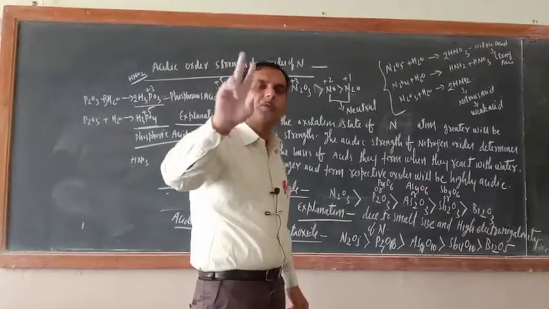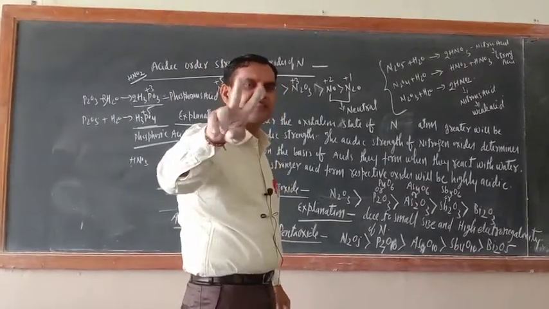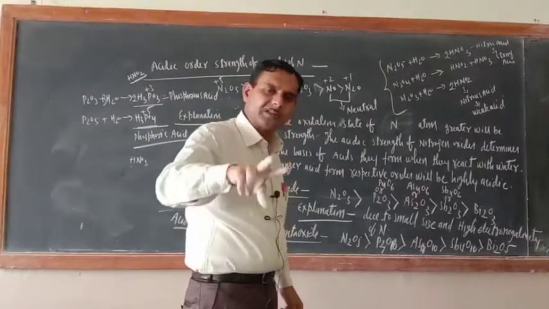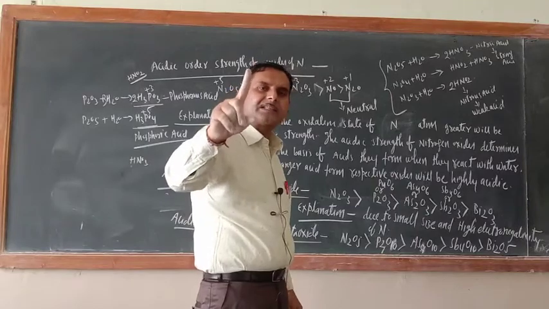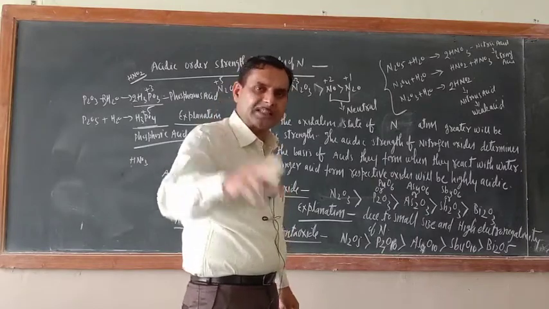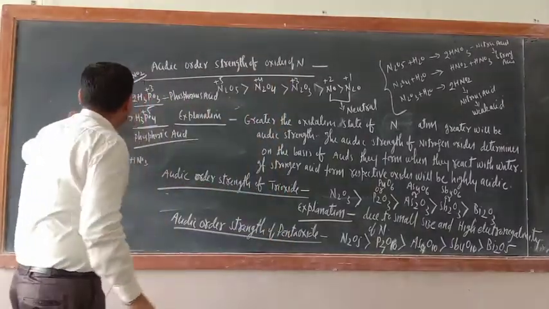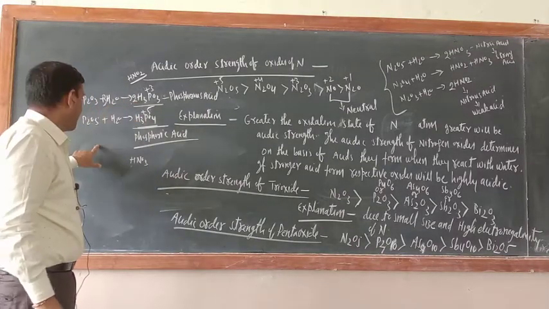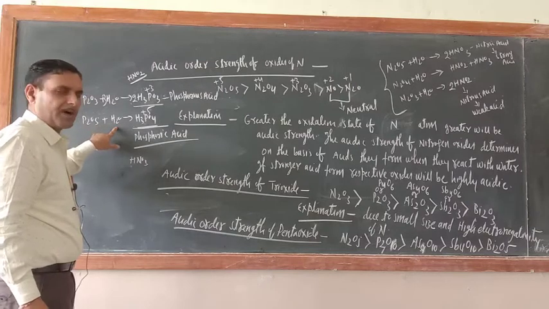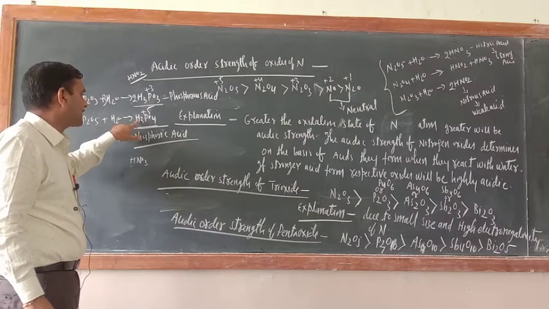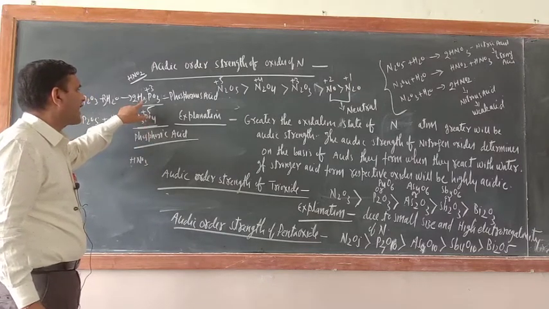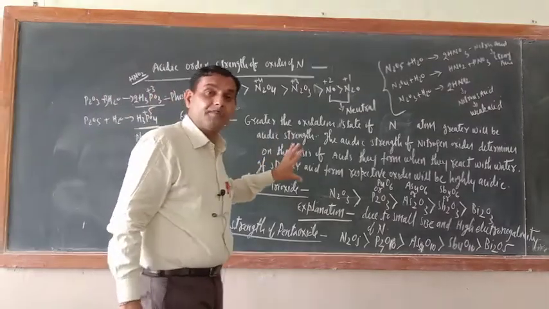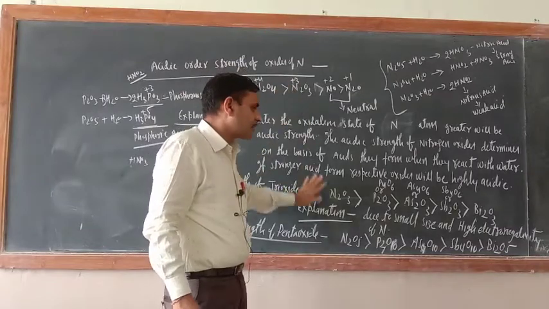When N2O4 reacts with water, two types of acid are formed, HNO2 and HNO3. When N2O3 reacts with water, only one type of acid is formed, HNO2, nitrous acid. Similarly, when P2O3 reacts with water, phosphorus acid H3PO3 is formed, and when P2O5 reacts with water, phosphoric acid H3PO4 is formed. So these reactions are very, very important; remember and note down this order also.